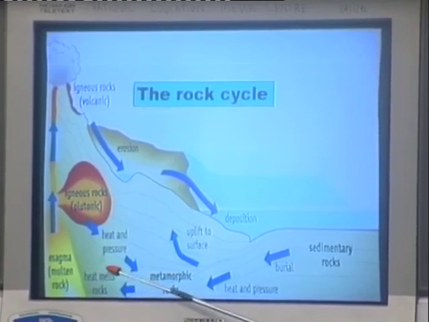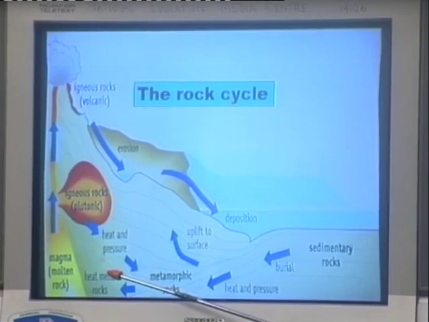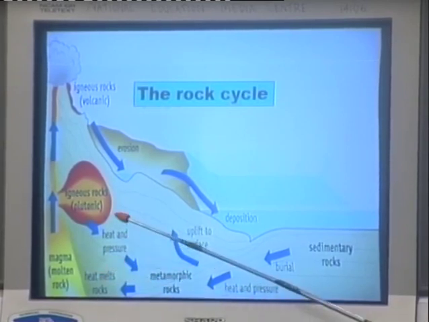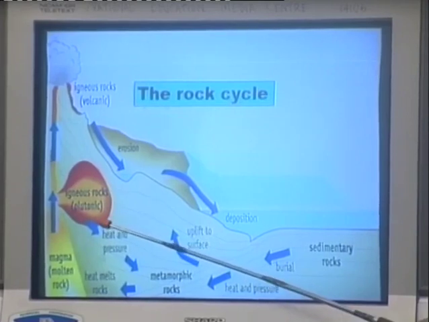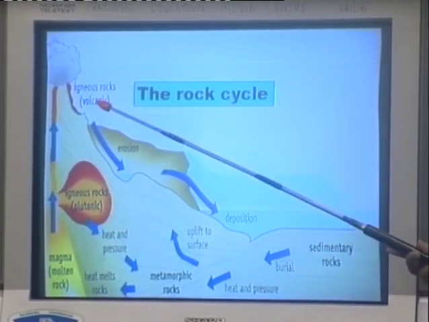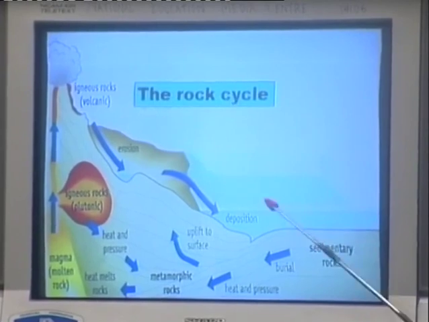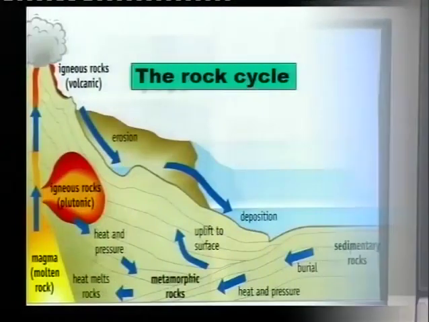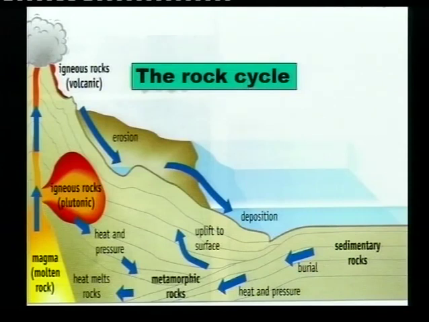It comes to where the rocks that are not changed, once the temperature is very high, they get melted, they become molten rocks again, magma, and it continues up to igneous rocks and round again. So that is a brief description of what the rock cycle is.